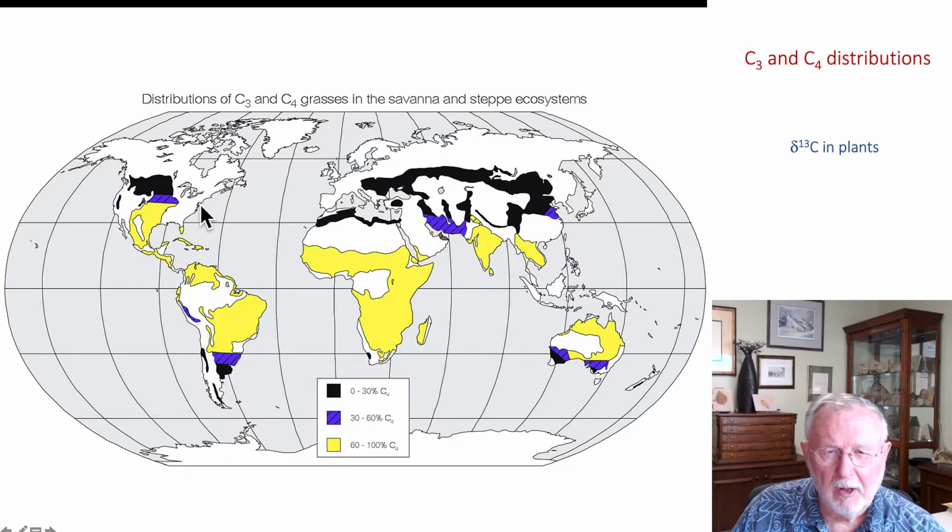So there's a broad pattern from warm to cold landscapes where you find C4 is more abundant in the equatorial regions, and C3 is more abundant in temperate regions.